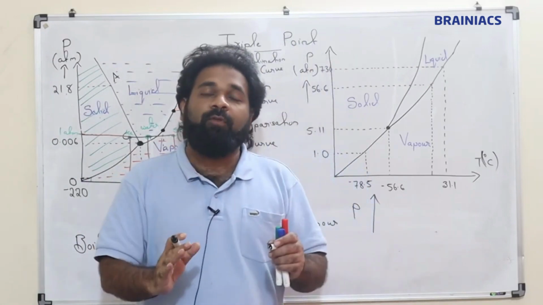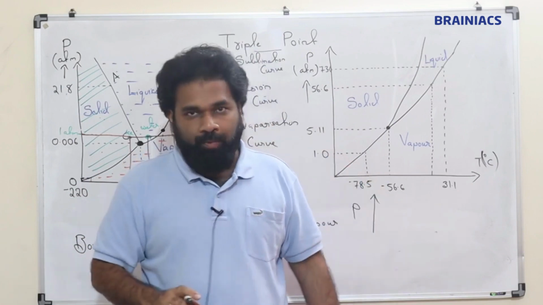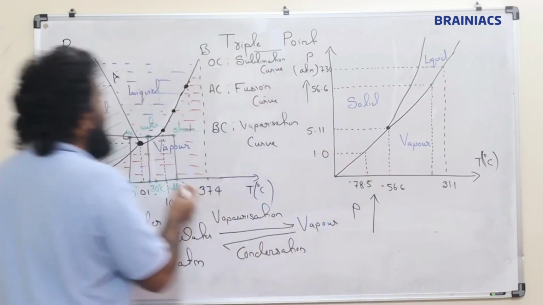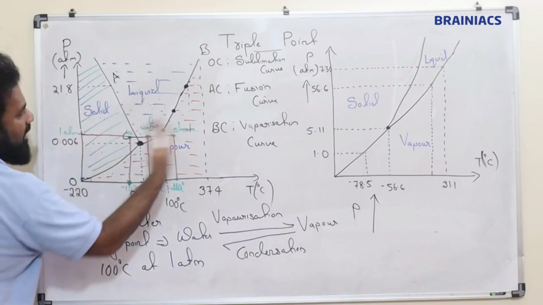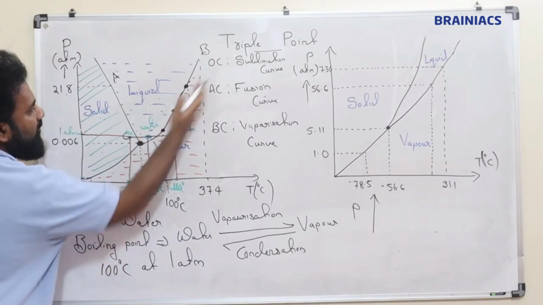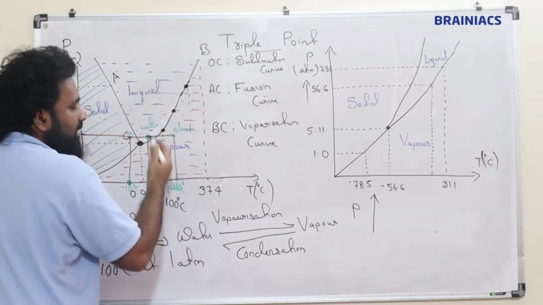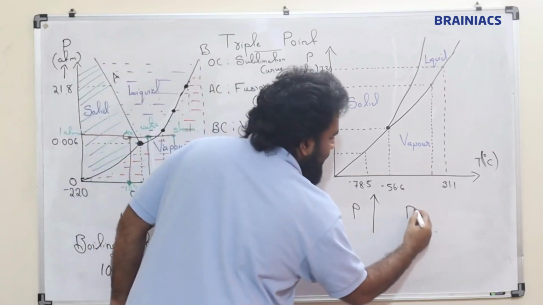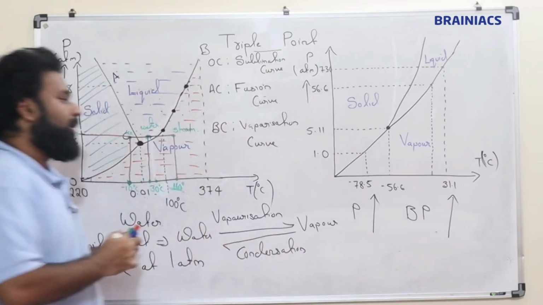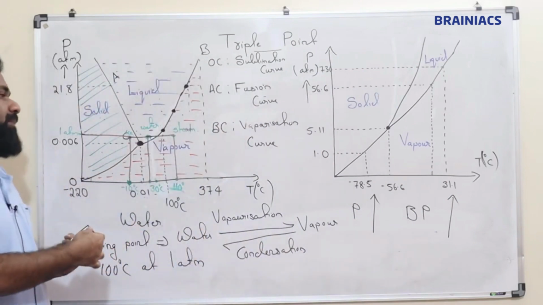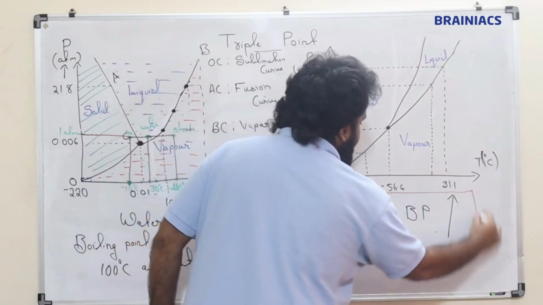Boiling point is the point where water form will convert into what? Gaseous form. So when we increase the pressure, this conversion point is drifting towards the right. So boiling point increases. Important point.